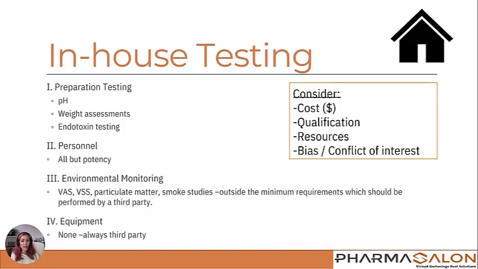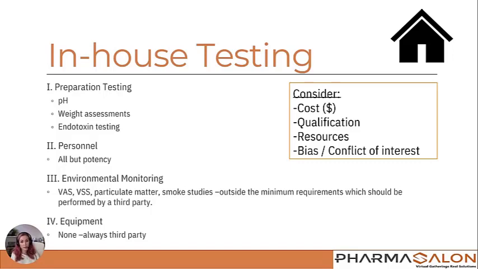And then equipment, this is pretty much always going to be done by a third party unless you are a large enough pharmacy to have your own maybe facilities and engineering department that could do it for you. But most often this is going to be done by a third party. Some things to consider when you're trying to decide if it's something that you should do in-house or send out is to think about the cost, is to think about the qualification.